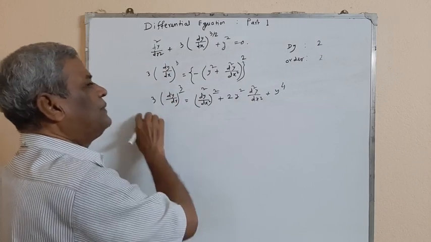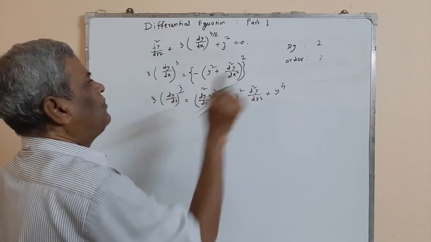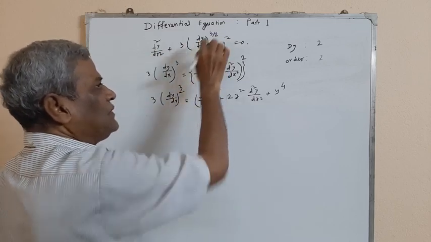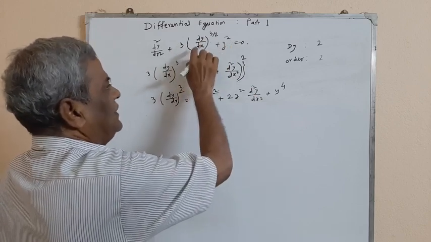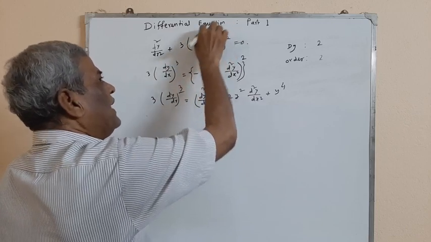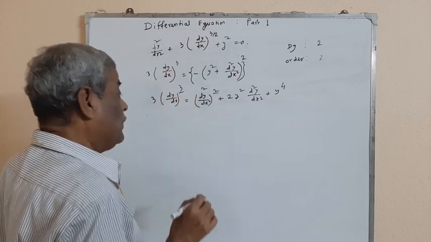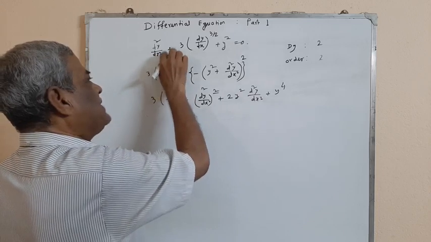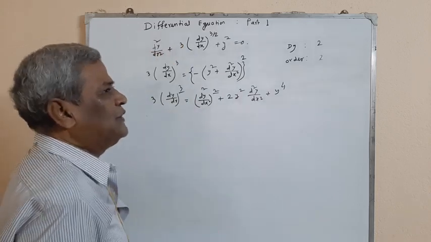Mind that there is no need of that type of calculation. From here we can say the order is 2, and for the degree, because the power of this one is not an integer, mentally you can do that. To make it free of rational fractions, we understand that we have to square both sides. So its power will be 2. So order is 2, degree is 2.